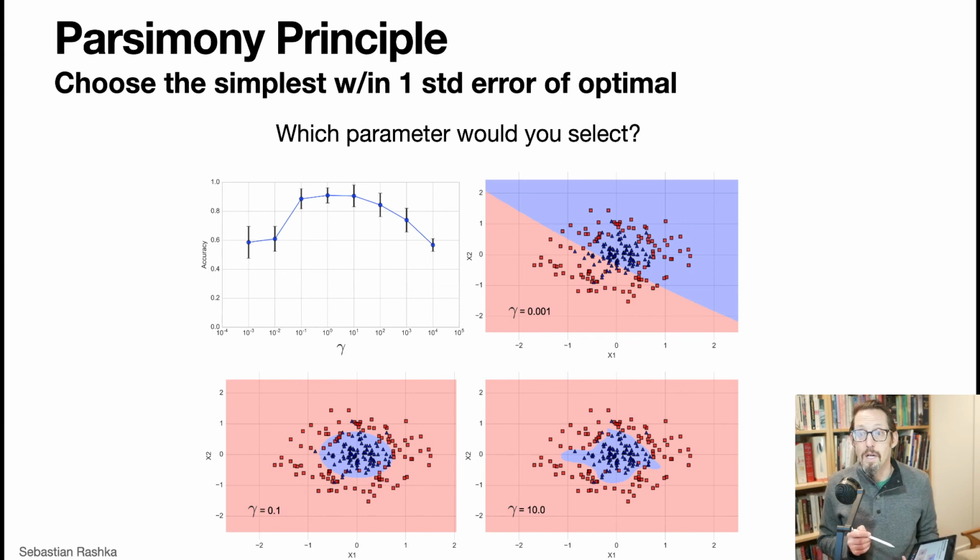Which one do you think might be a more accurate representation of the true boundary? In cases where everything else is equal, which can happen surprisingly often if you check out these error bars, then generally maybe you should prefer the simplest model, the one that has the easiest decision boundary. It's a version of Occam's razor.